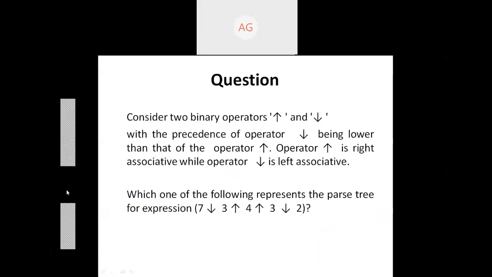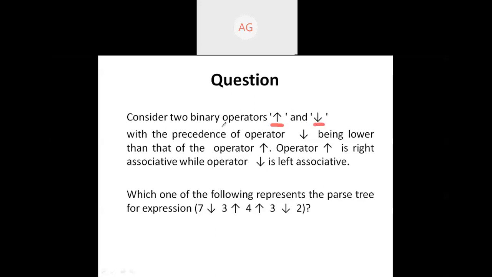As you can see here, a question is given to you. Consider two binary operators. This is the exponential operator basically, and this is the reverse of the exponential operator.